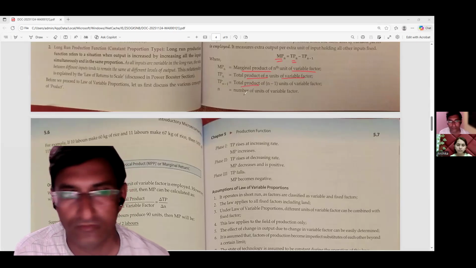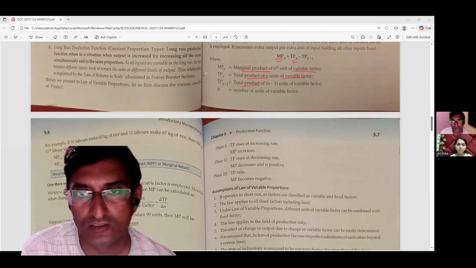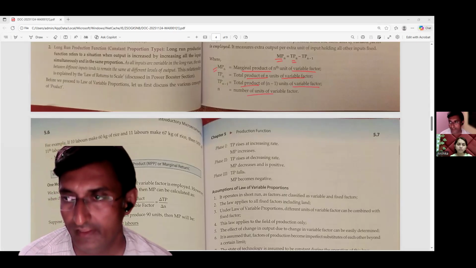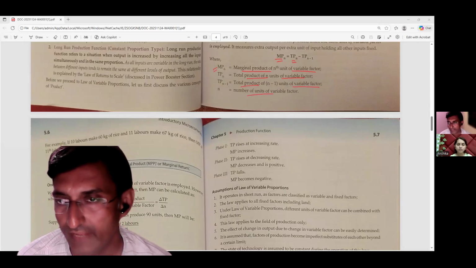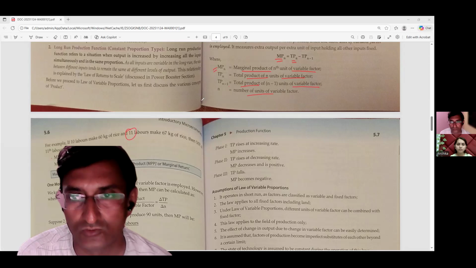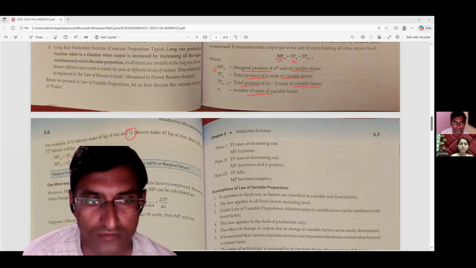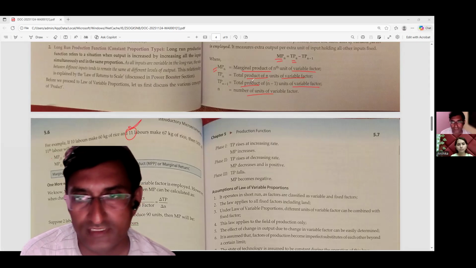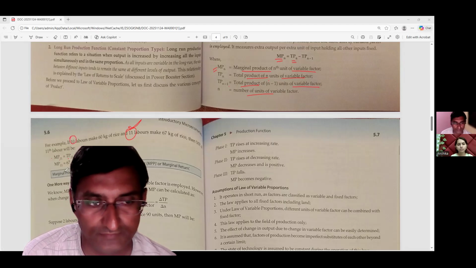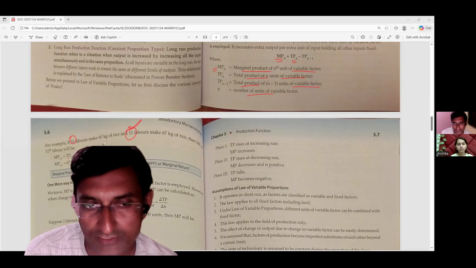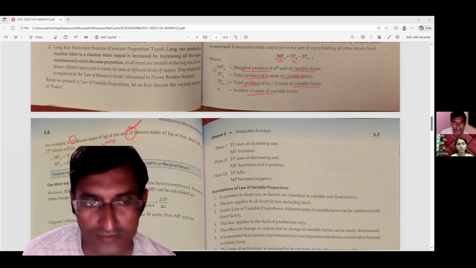Now n is equal to the number of units of variable factor, here the 11th. Total product of n units minus total product of n-1 units. Again, it is related to the units, it is related to the kg.